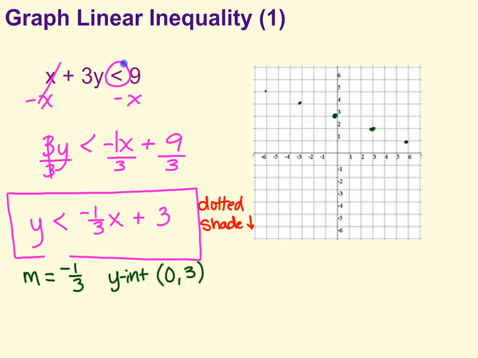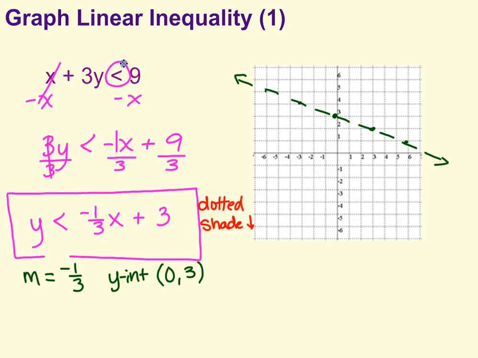Now, before you draw your line in, let's look at what did we say. Should we draw in a solid or a dotted line? We said dotted. Dotted, same thing as dashed. I think we tend to draw this a little bit more dashed. So you just draw in your line dashed, like that. Now the shading, are we going to shade above or below the line? We said shade below. Now, the steeper your line is, the trickier it gets to figure out what's above and what's below.